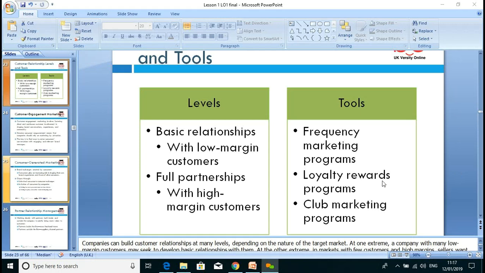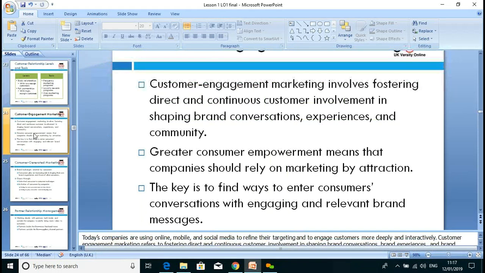So we need to make sure we develop a long-term relationship with the customer. Customer engagement: we need to look at how we engage customers, for example by arranging different local events to maximize the customer needs and wants. To maximize our profit and fulfil great consumer empowerment, the company should rely on marketing by attraction.